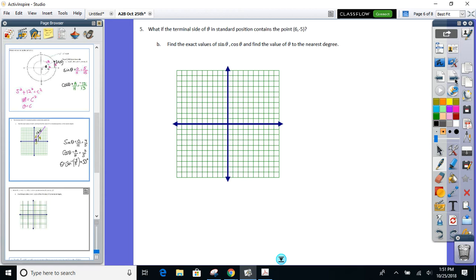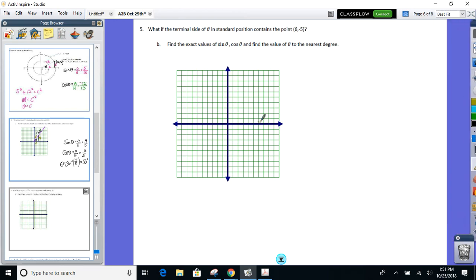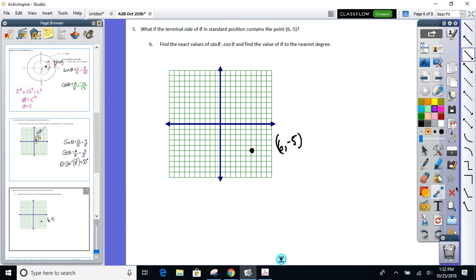All right, now the angle terminates at (6, -5). Which quadrant am I in now? The fourth. Okay, here we go. There's that angle.